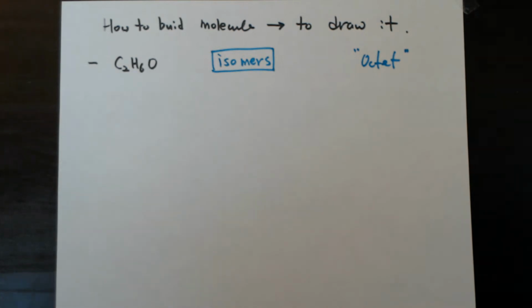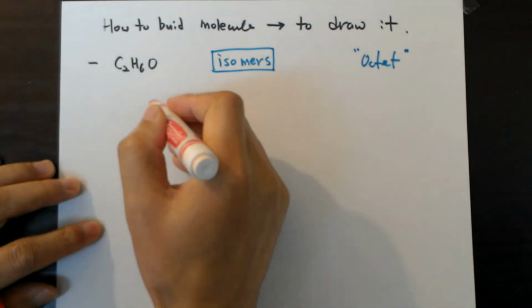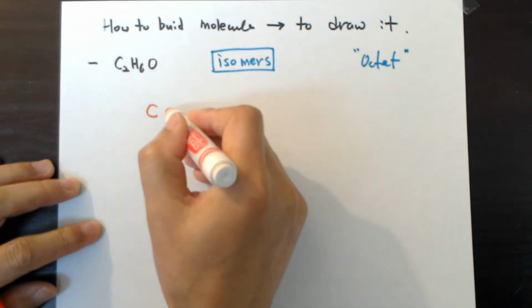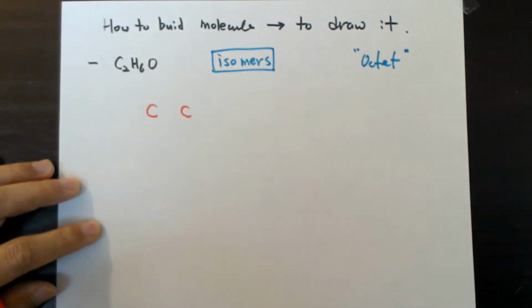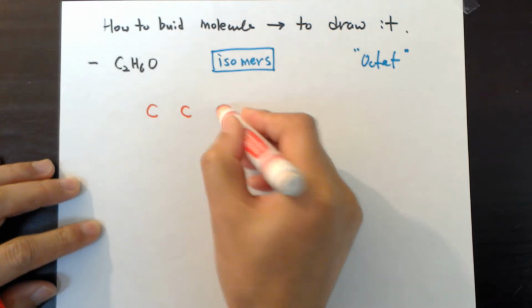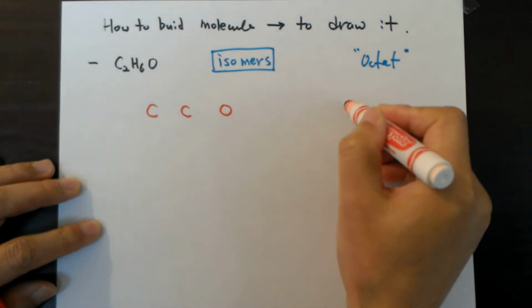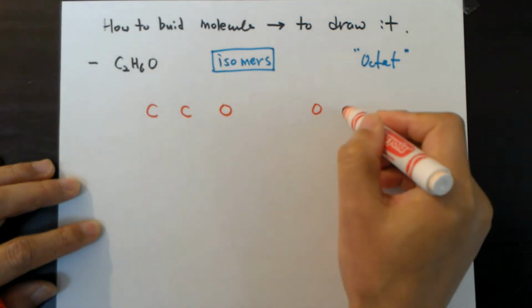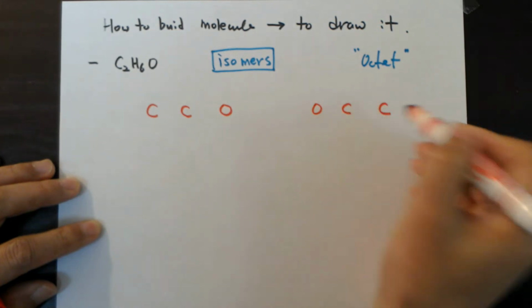So let's start. Let's say you decided to put carbon first, then oxygen. Or you can start with oxygen first, then carbon and carbon.